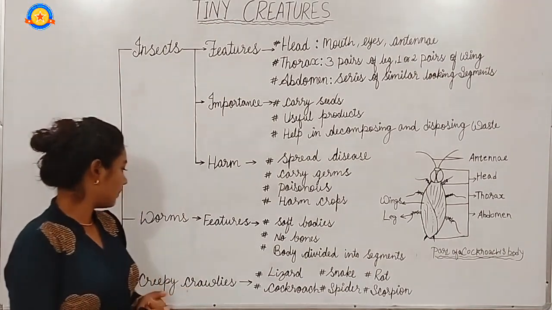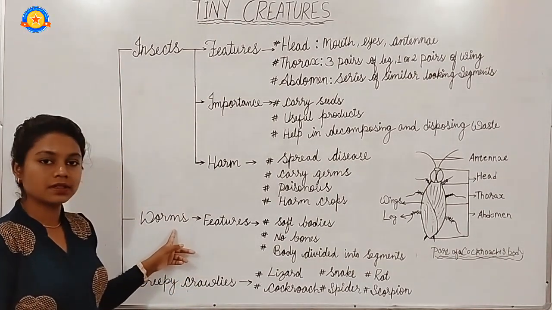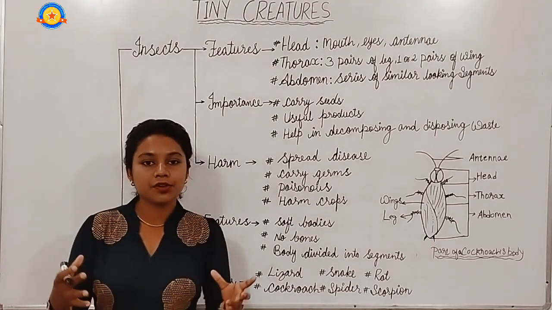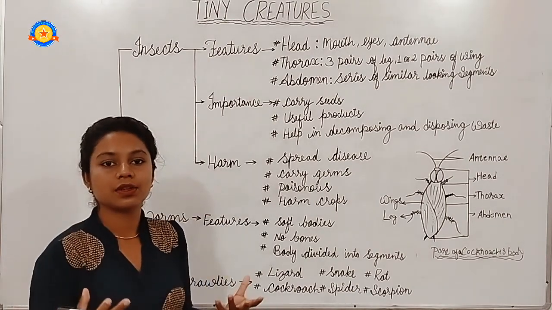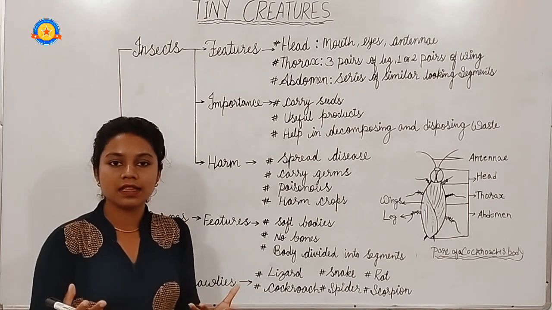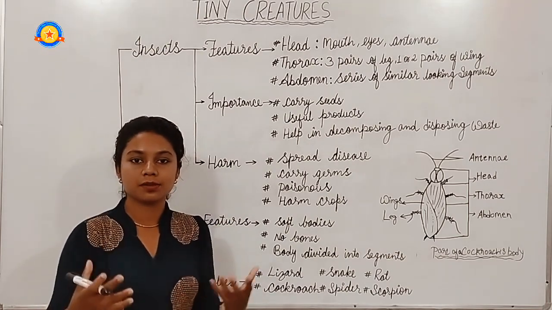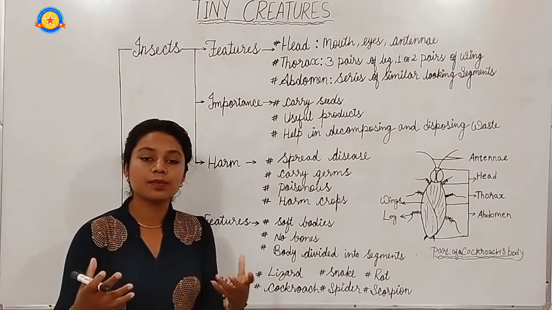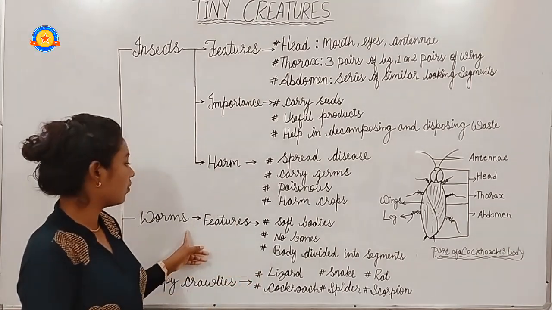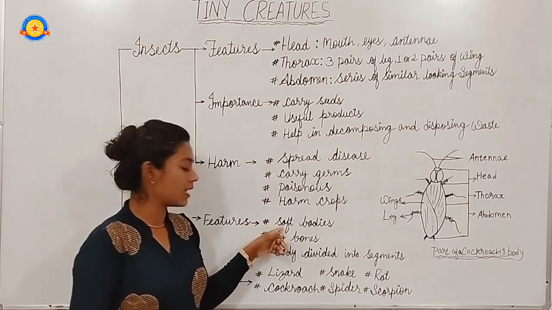Next we will talk about the worms. See, the tiny creatures which do not have bones in them, and their body is soft, very soft. The tiny creatures which have soft bodies, they are the worms. See, we will talk about the features as I have told you.